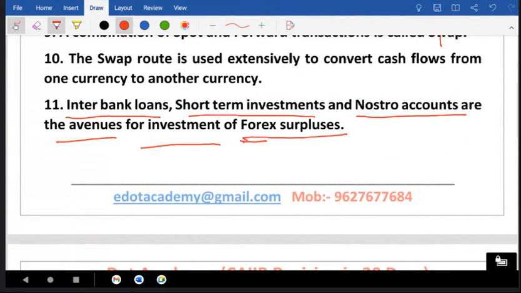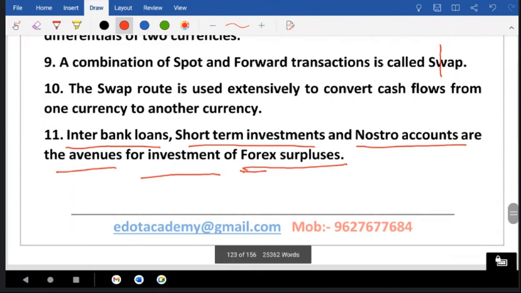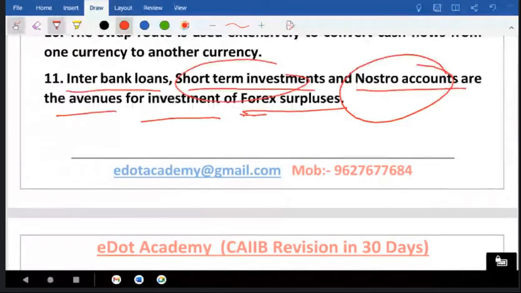That means if you have surplus forex, you can invest through the nostro account, do short-term investment, and interbank loans can also be given.